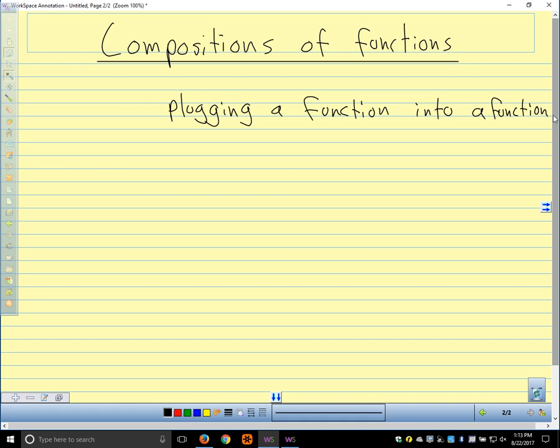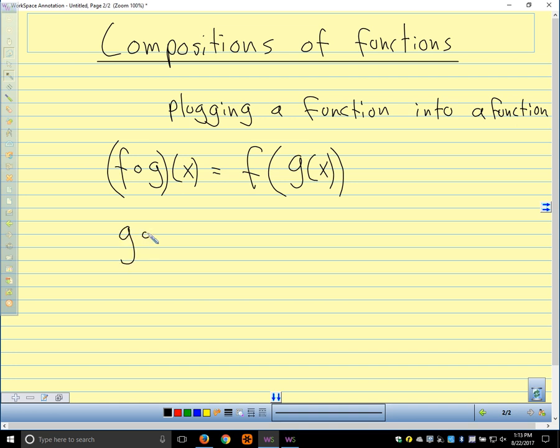And our notation for a composition is f of g of x. What this means is we're plugging g of x into f of x. So instead of using x as our variable, we take whatever the function g is and put that in the place of every variable. And g of f of x, we're plugging f into g.